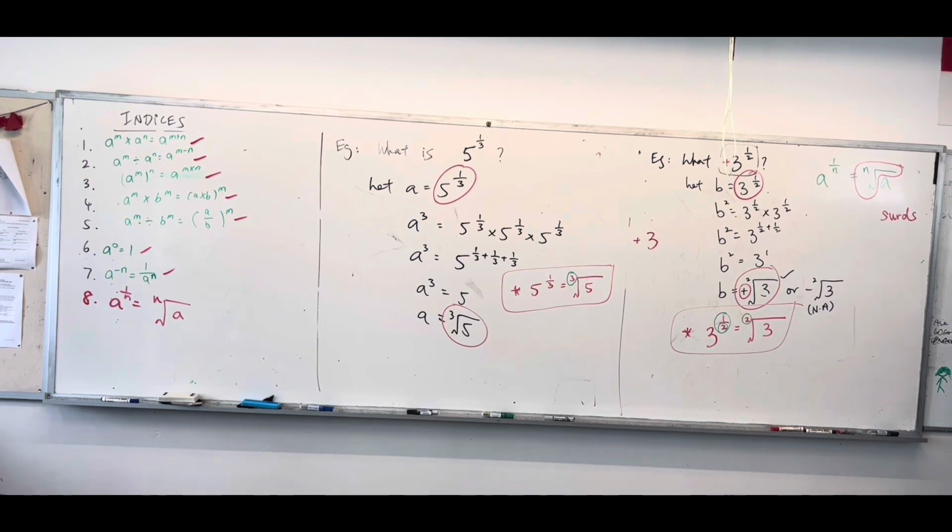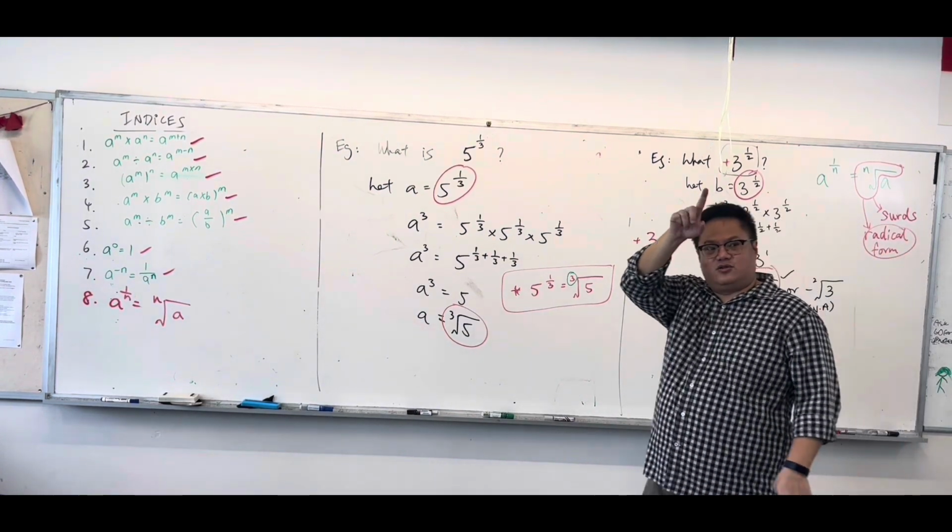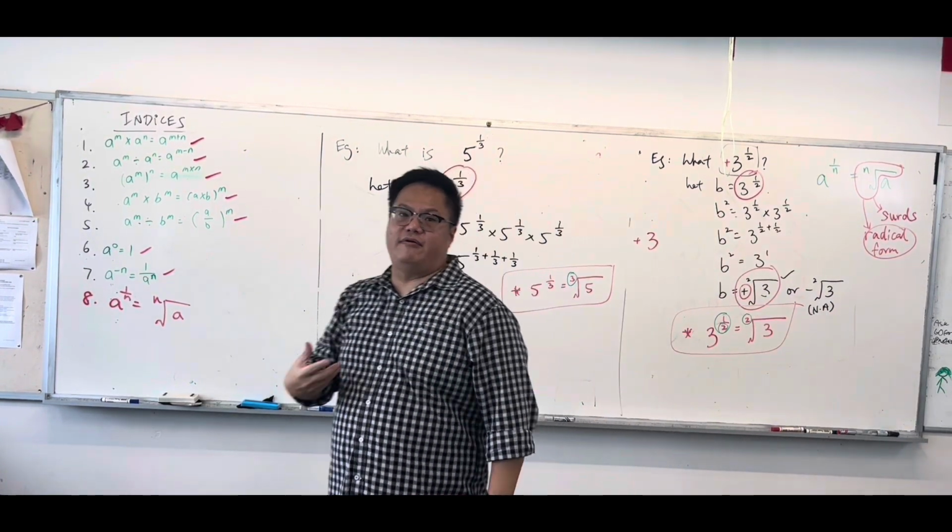If not, there's also another name you give to it rather than the word surds. Radical form. Radical. Okay? Radical form means this one. It's the same thing. Radical form means the moment you have the square root sign appearing, we call it radical form.